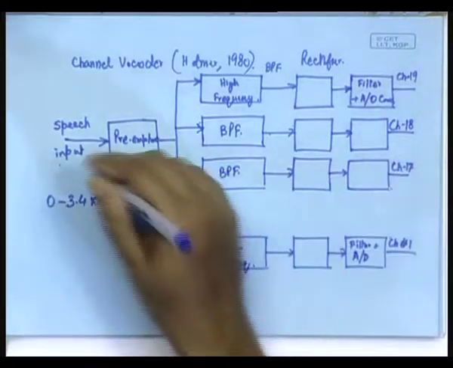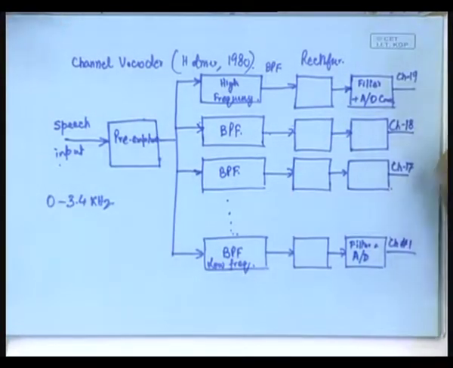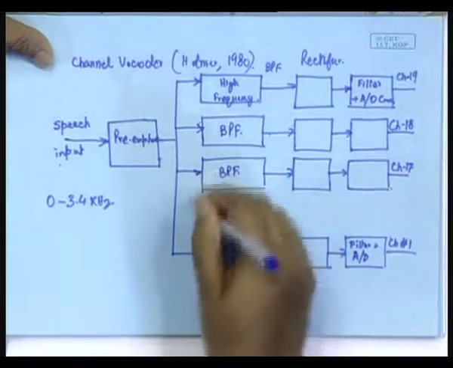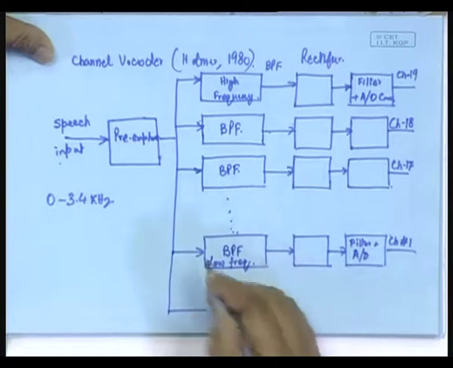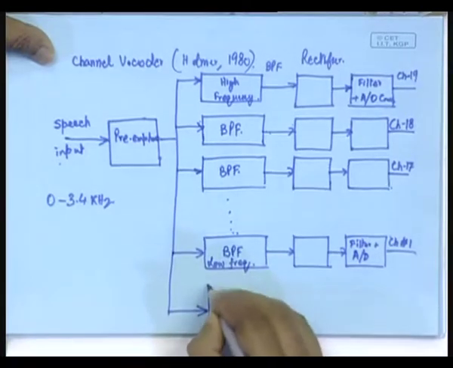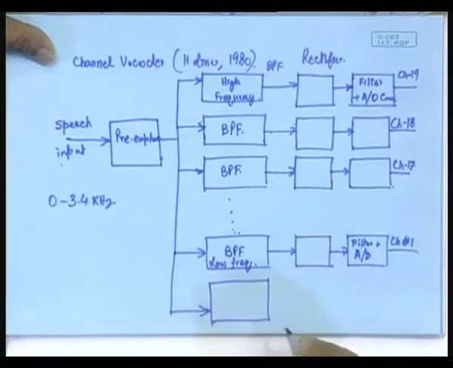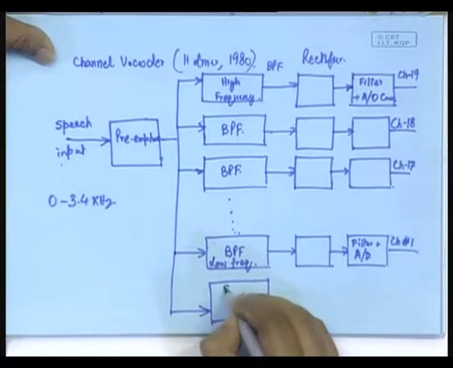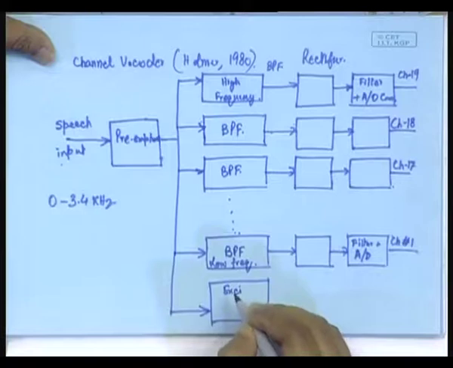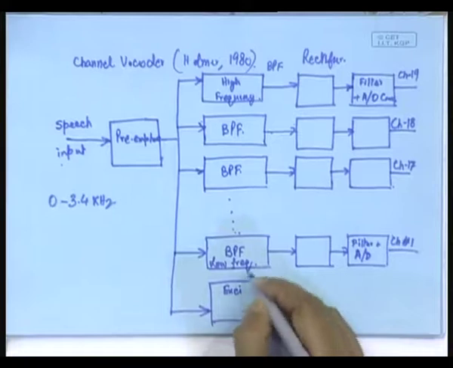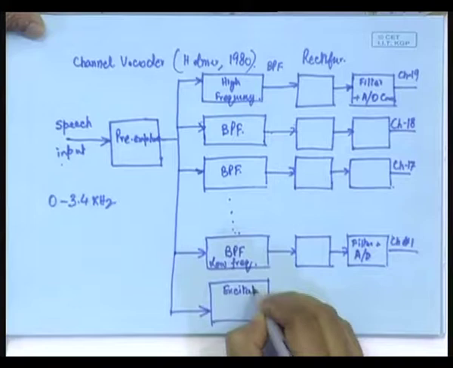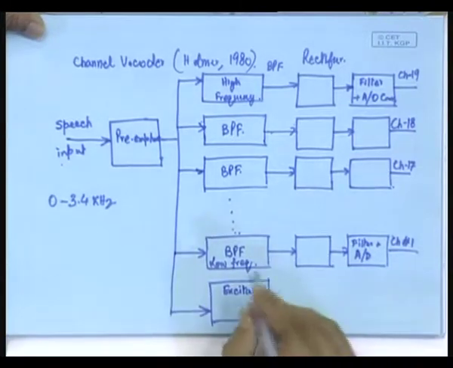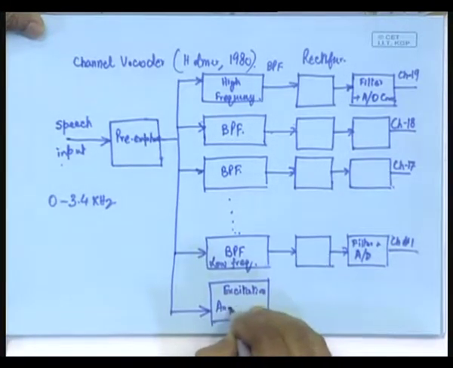Now, this analyzes the speech signal into different filter banks, and along with that we also have the extraction of pitch information, because as I told you in the last class, pitch forms an essential parameter in order to analyze speech, and obviously if it is needed for analysis, it is needed for synthesis also. So, the pitch information has to be derived from the given speech signal. There is an excitation analysis block.